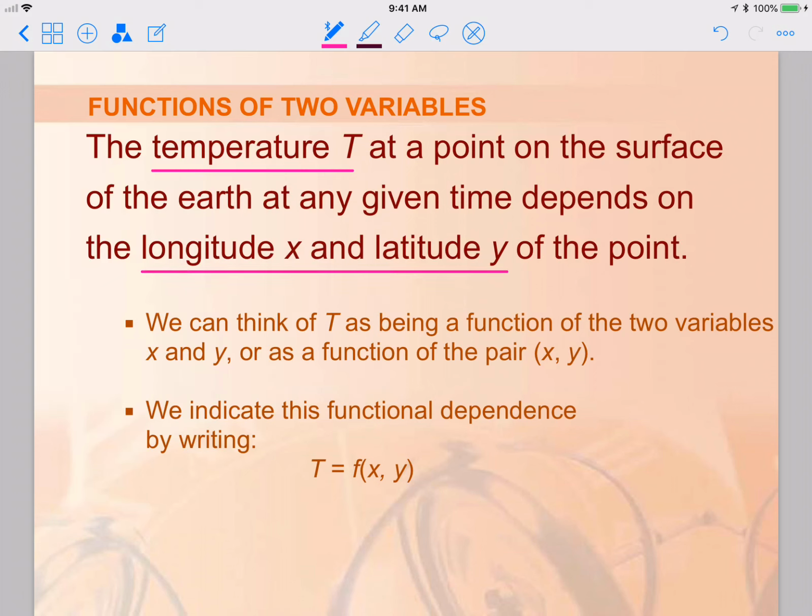So you can think of T, which is the temperature, being based on 2 variables: the longitude, which is the up and down, and the latitude, which is left and right. And then this would be the way to indicate that T, which is temperature, is a function of x and y.